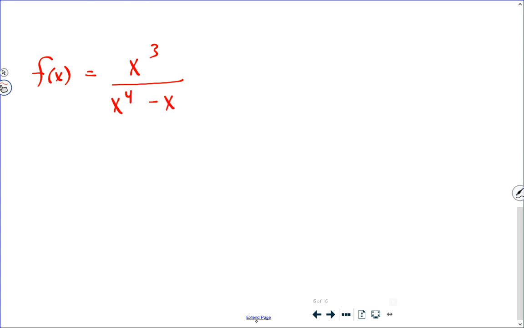And don't forget, for a horizontal asymptote, we have to look at the limit as x approaches infinity of the function. And this is the only reason why I did the warm-up with you, was so that you understood that we need to find the limit of this function as x approaches infinity. And there is a little trick that we use.